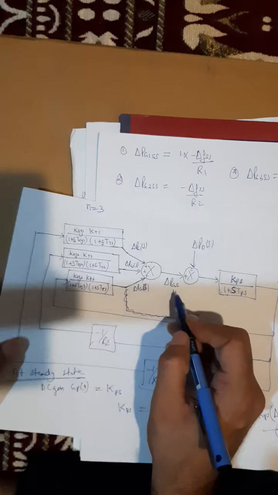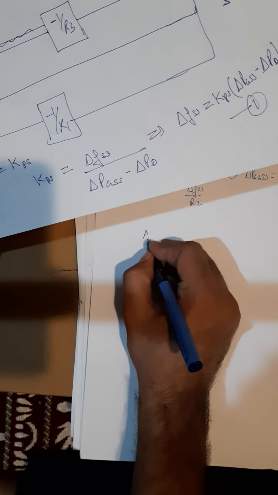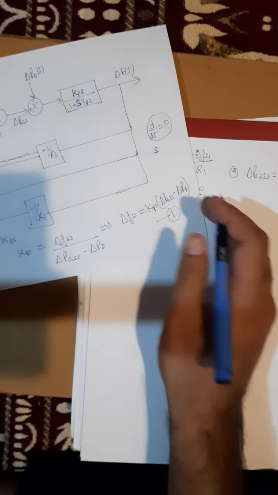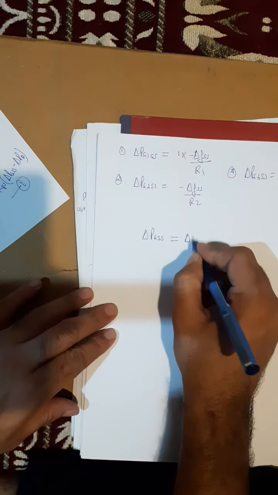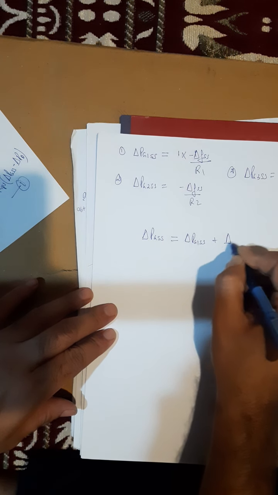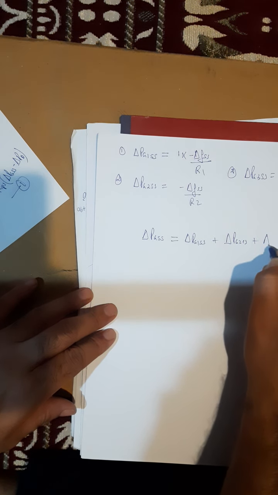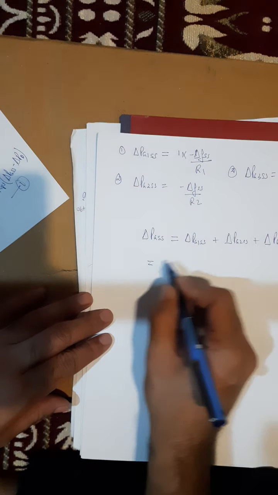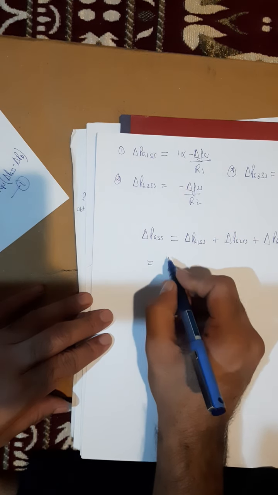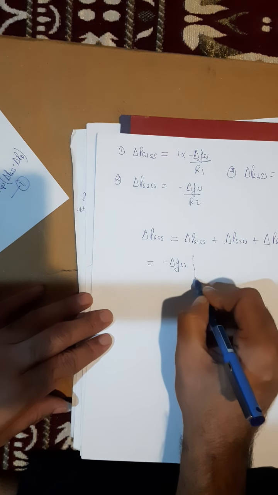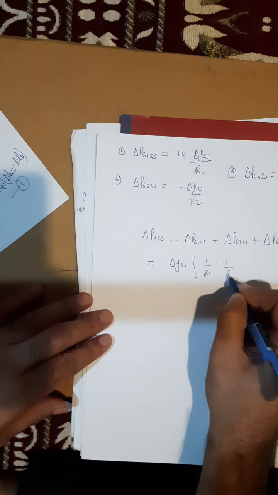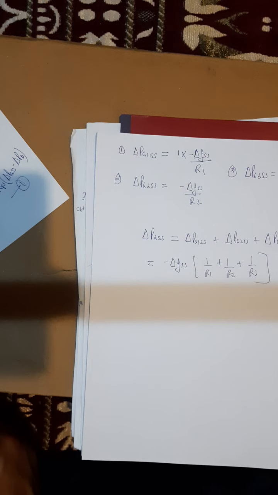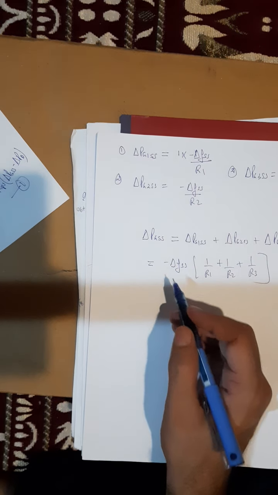Delta PG under steady state is equal to nothing but delta PG1 plus delta PG2 plus delta PG3 under steady state. Okay, so take the sum of all these 3 equations. So what are we left with? Minus delta FSS times 1 by R1 plus 1 by R2 plus 1 by R3. Got it?